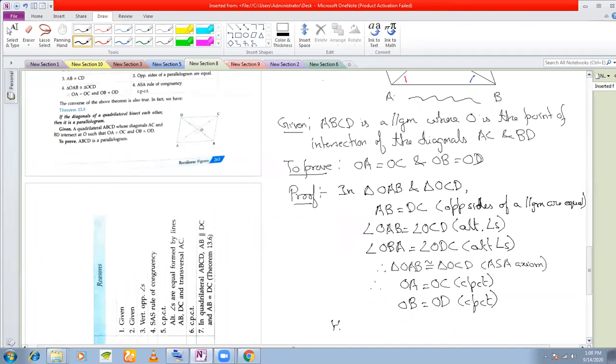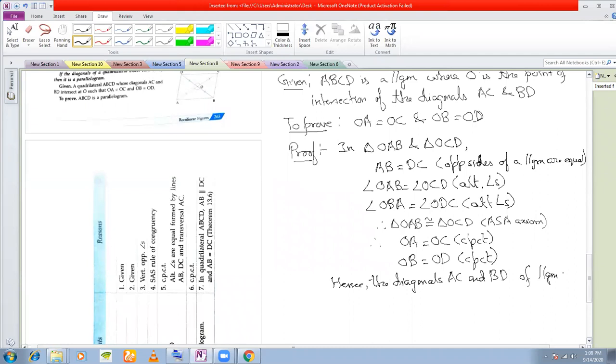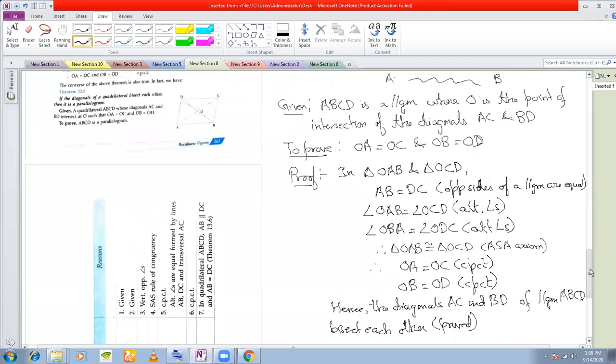Hence, the diagonals AC and BD of parallelogram ABCD bisect each other. So which is proved. Okay. So this is your proof.